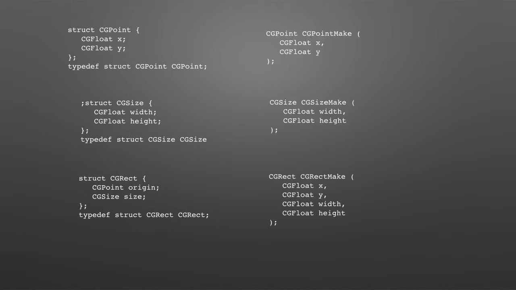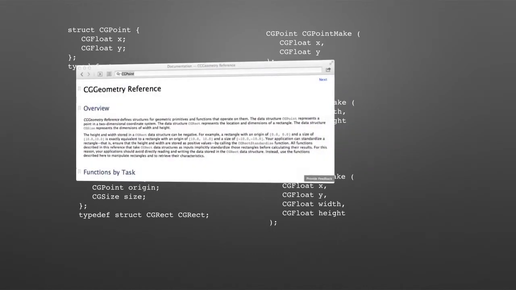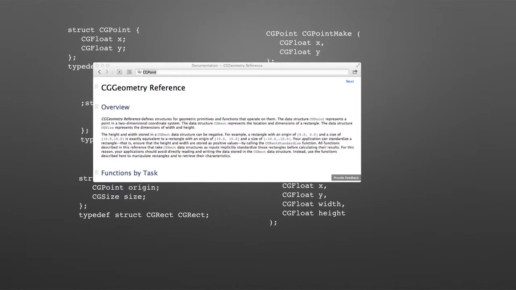There are three helper functions for creating these things: a function for making a point, CGPointMake, one for making a size, and one for making a rectangle. Check out the documentation. You can look for CGGeometry Reference, and there's a whole bunch of additional helper functions in there.